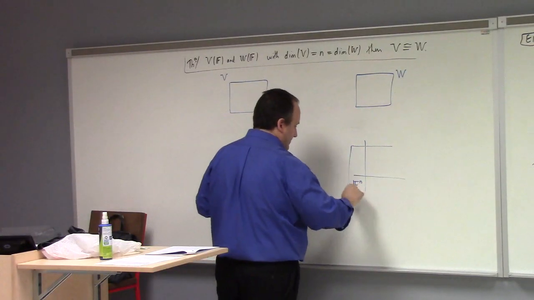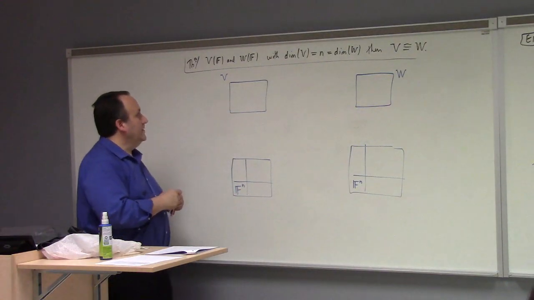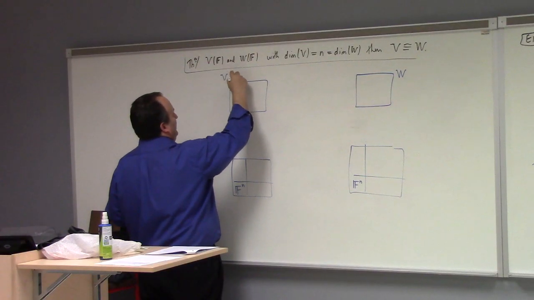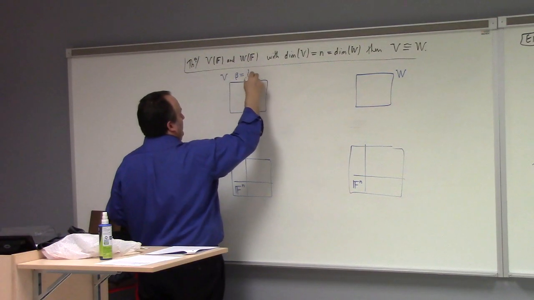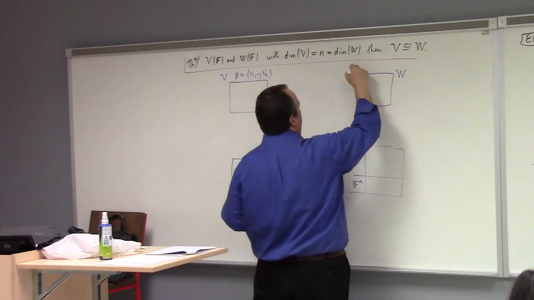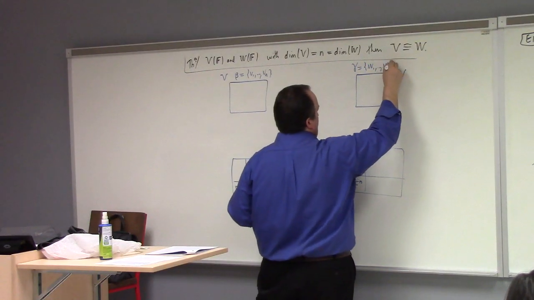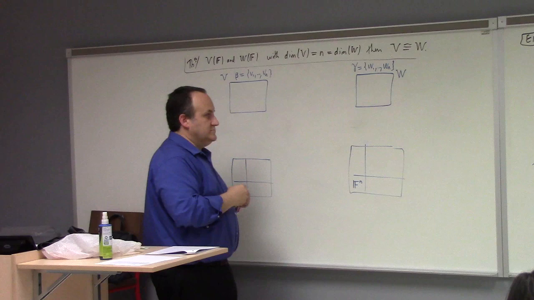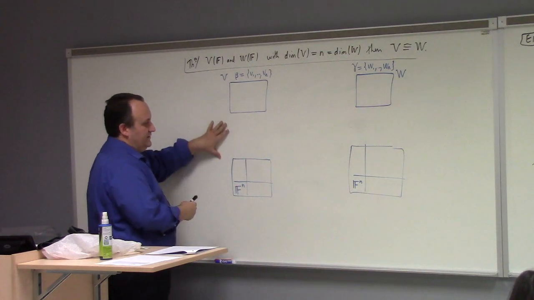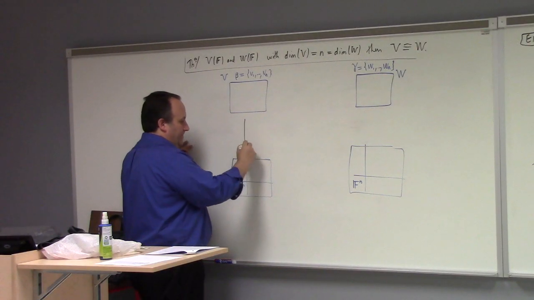And how do I get from V, and let's, without loss of generality, say beta, V1 through Vn, is the basis here, and gamma, W1 through Wn, is the basis over there, right? So you guys tell me, how do I map from V down to this? Like what mapping goes from here to here?